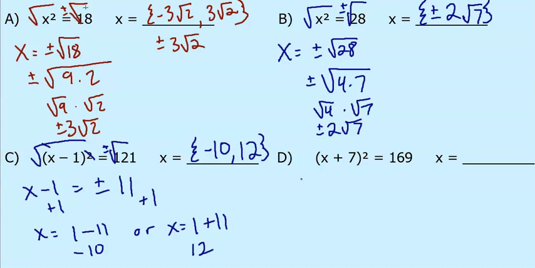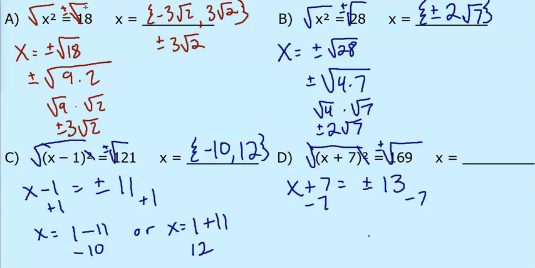It'll be the same thing for D. We have parentheses x plus 7 squared equals 169. Take the square root of each side, put plus or minus. The square and the square root cancel. So you have x plus 7 equals plus or minus 13. It's another perfect square. Subtract 7 from each side.